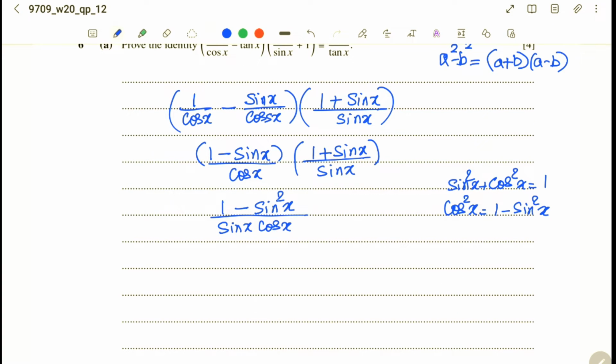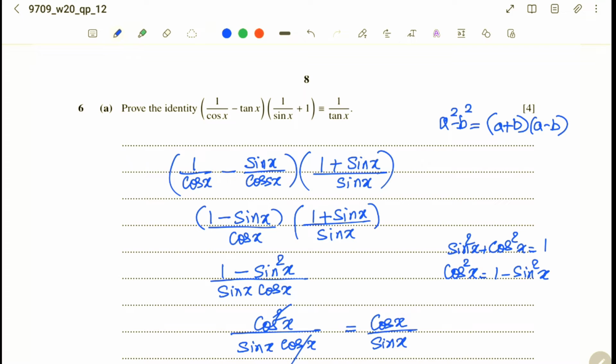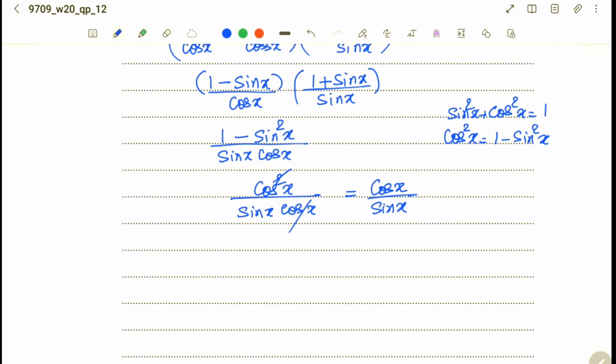So 1 minus sin square x is replaced by cos square x, divided by sin x cos x. The power gets cancelled. We get cos x divided by sin x. But we need to prove this is equal to 1 over tan x. So bring the cos x to the denominator, 1 over (sin x over cos x), which is equal to 1 over tan x.